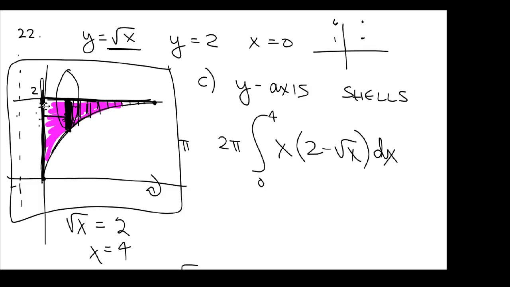But why wouldn't it be the square root of x minus 0? Because for my typical rectangle, I went over a certain amount to get to it and I drew a vertical rectangle in that region.